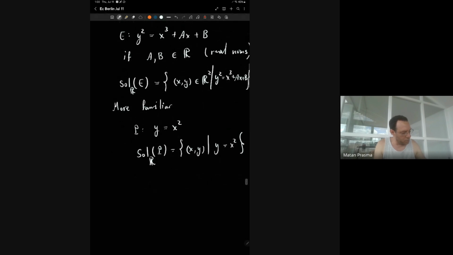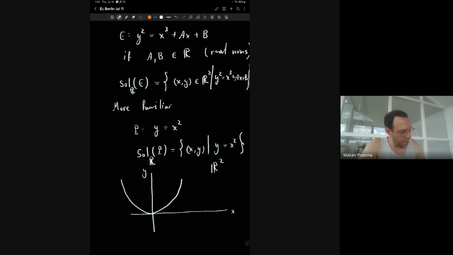And if you draw P on the xy plane, then you get a parabola. This is typical in a field called algebraic geometry, where we look at solution sets of polynomials, not necessarily in one variable, usually in two or more variables. And the solution set of such a polynomial usually has a geometry.